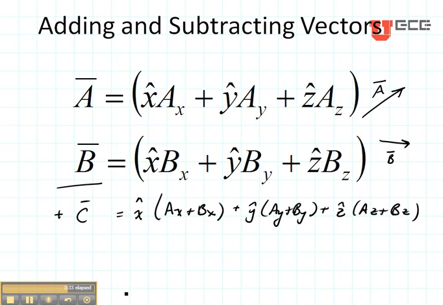A picture of what this would look like is that we would take vector A and we would take vector B and put it at the end of vector A until it went like this, and there would be vector C.